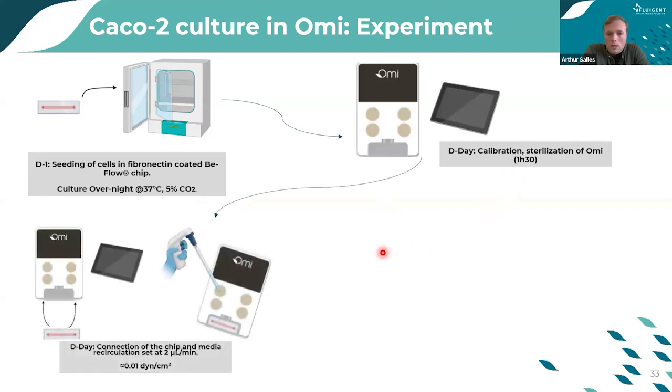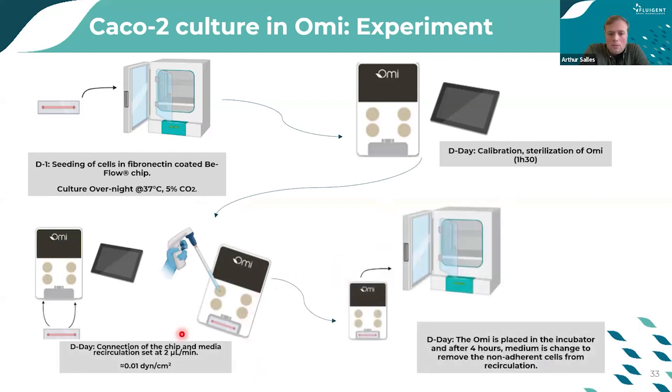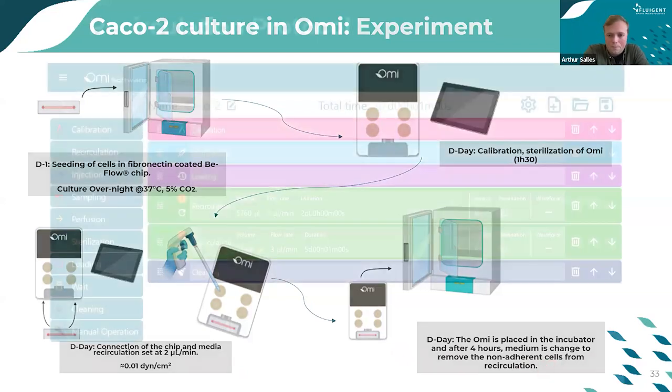And then we make the connection with the chip, okay? We pour the medium inside the reservoir, and we set for the first day 2 microliters per minute, which is almost 0.01 dyne per centimeter squared of shear stress. And we leave the OMI in the incubator for 4 hours, and we just change the medium in order to remove the non-adherent cells from the recirculation.